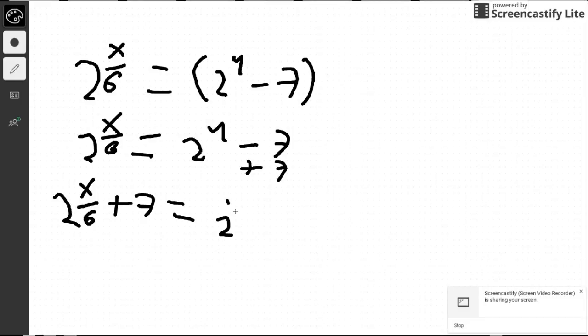If you got this, you're okay. You're good to go. And what you're going to do is see this entire thing, and you have to log it, not this part but this part. You have to log it to get rid of the power of y.